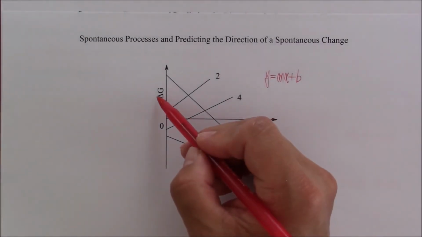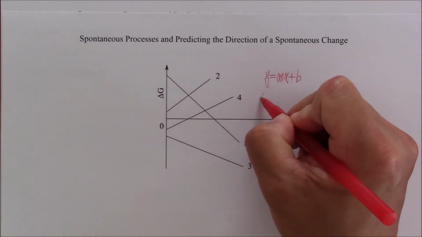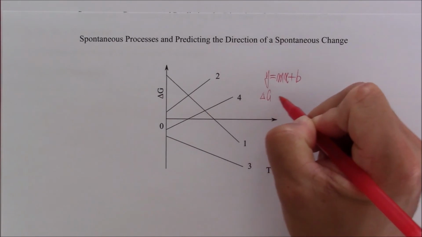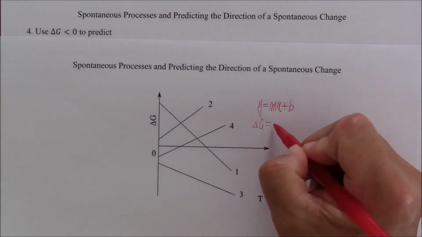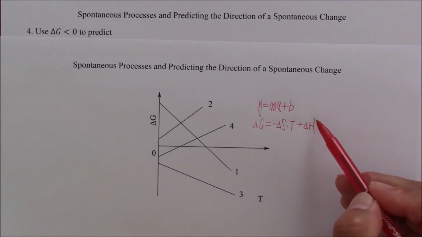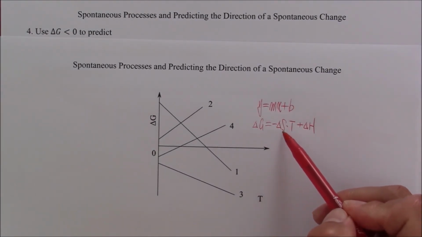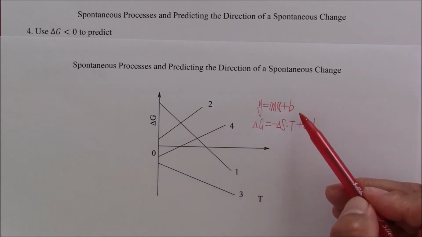Let's put down the delta G equation in the same format: delta G equal to negative delta S times T plus delta H. So in other words, b is delta H, and negative delta S is m. m is the slope. b is called the y-intercept.